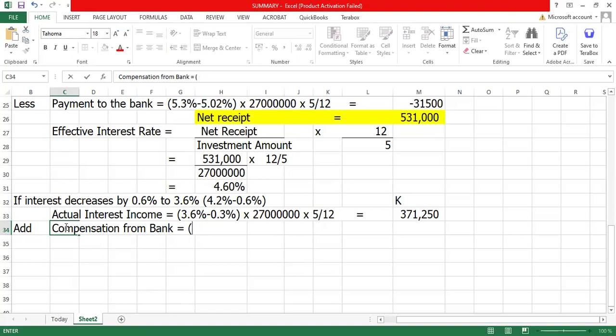Let me just say 5.02% minus 3.6%. I'm doing this to avoid the negative. That's what the banker should compensate. Then times 227 million. Then times 5 out of 12.